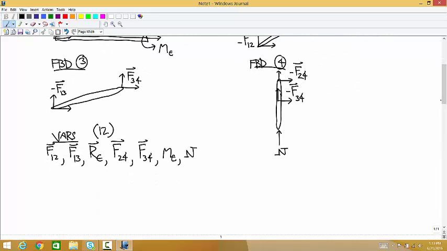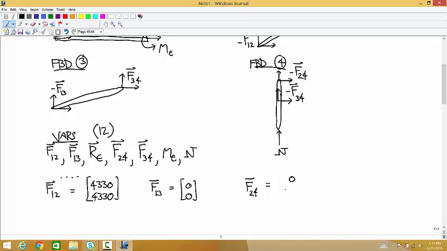And if you solve it, you get F12 is equal to 4330, 4330. F13 is 0, 0. That's a surprise. F24 is equal to 0, 6830.